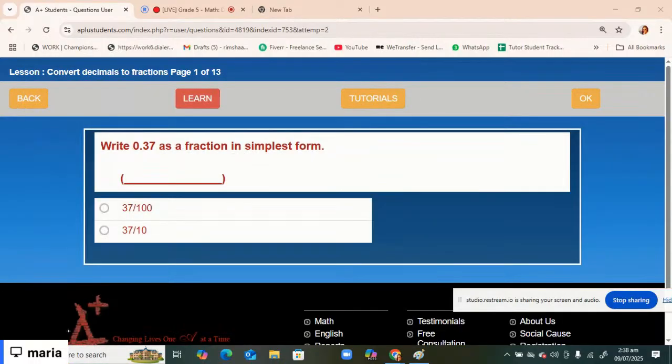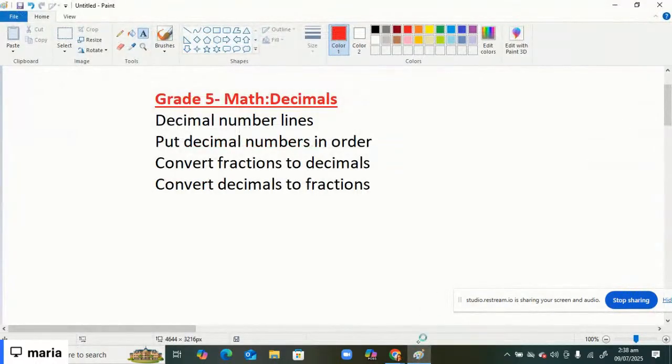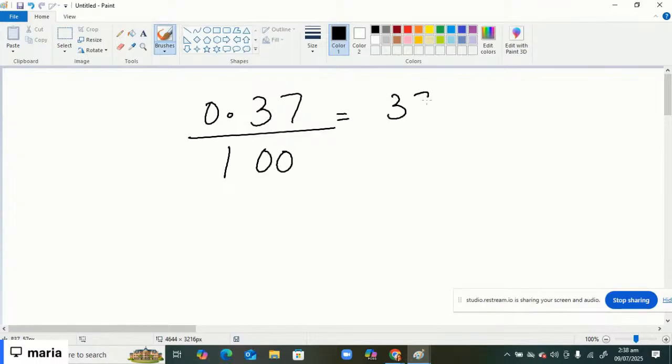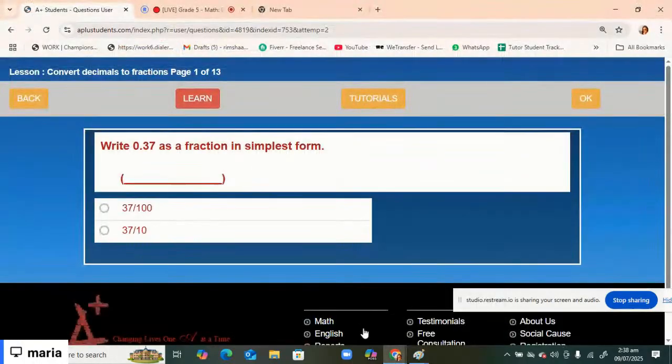So 0.37. In place of the point, I'm putting 1. How many zeros? 2 zeros. So 37 over 100. So let's see, 37 over 100.